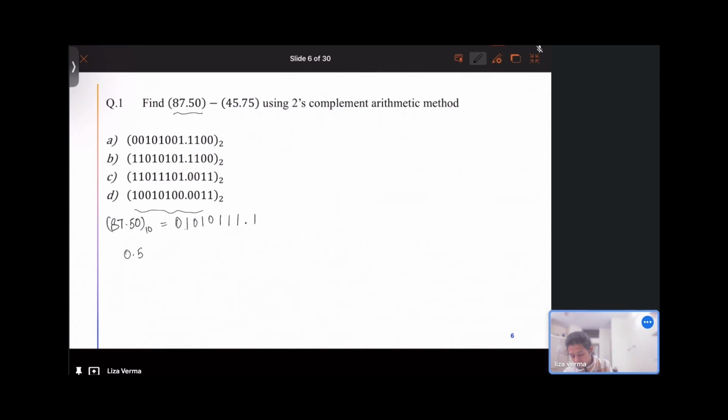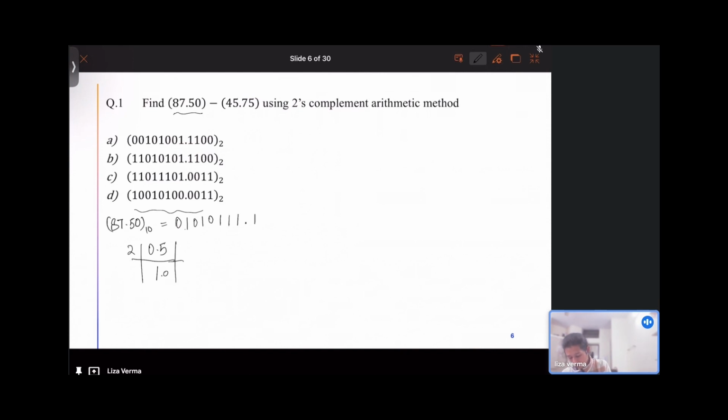0.5 in base 10 can be represented in binary, since the weights here are 2 to the power minus 1, 2 to the power minus 2. So the decimal part, how do you convert it into binary? Let's say 0.5, you multiply it by 2, and you'll get 1.0.